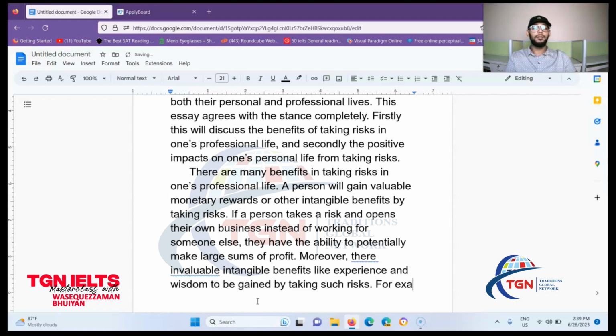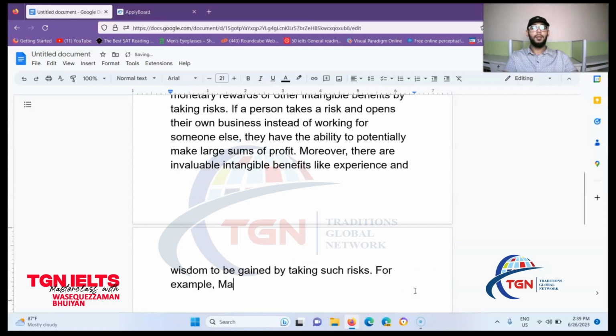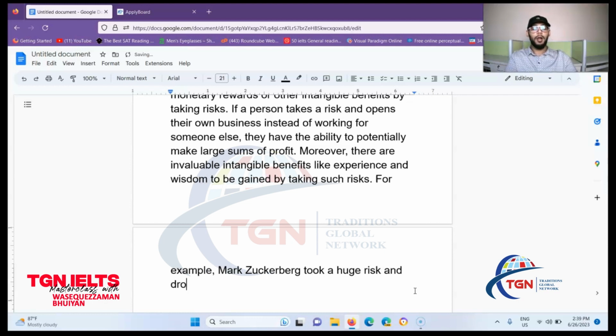For example, Mark Zuckerberg took a huge risk and dropped out of Harvard to create Facebook.